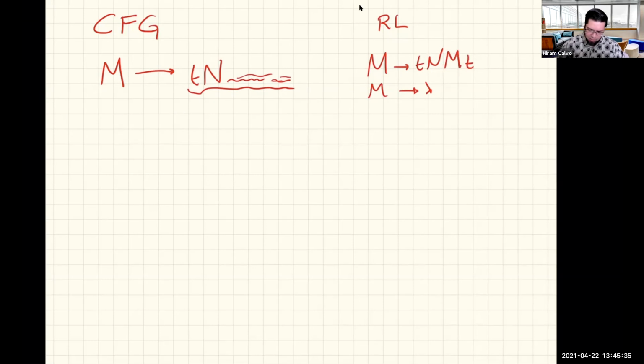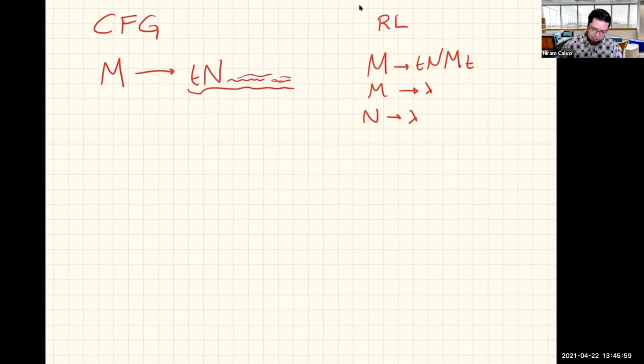And of course we need N goes to something. Just because I'm inserting here this M, and M is the same M here and has something before and something afterwards, then this is not a regular language.